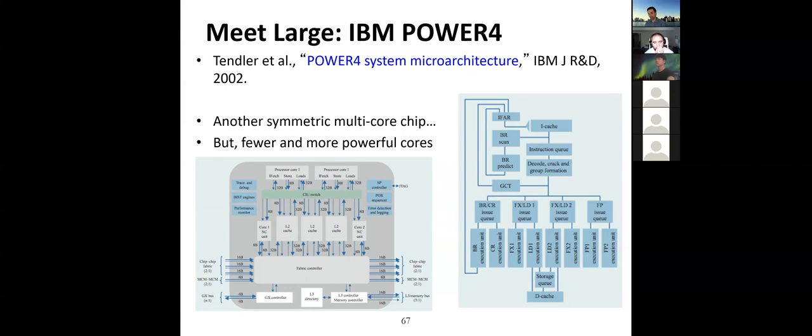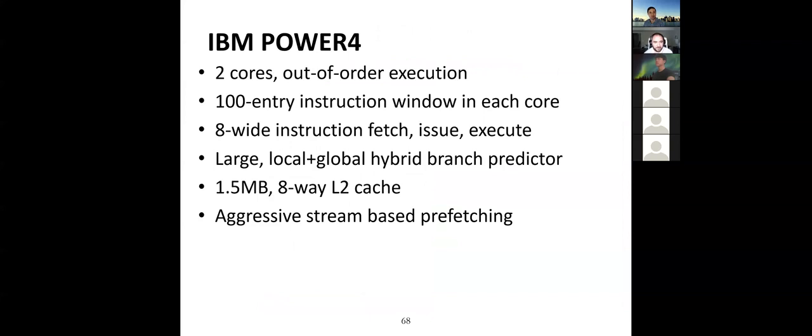Then it all failed, and they switched to out of order again. I don't remember whether it was between Power 4, 5, and 6, or 5, 6, 7, but they had this flip-flop once. So they had this issue internally about in order versus out of order. Power 4 was out of order, definitely. I think it was Power 5 that was in order and Power 6 then was out of order again.